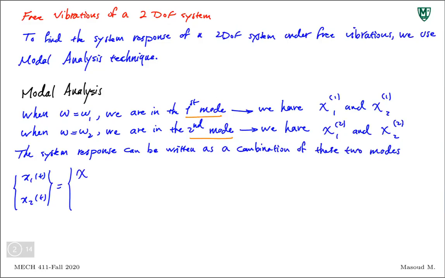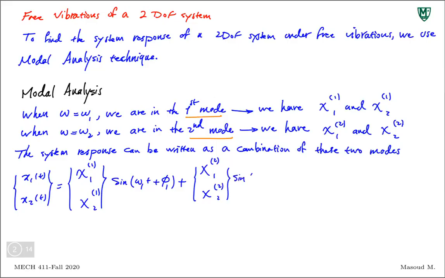We have x11, x12, two components of the first mode, times some harmonic function, you can write it this way, sine(omega 1 t plus phi 1), plus x21 and x22 times sine(omega 2 t plus phi 2).